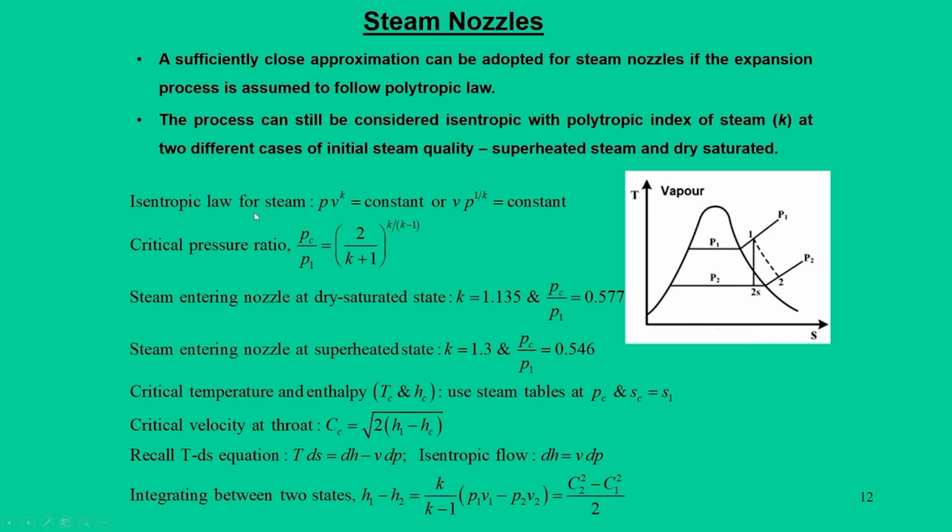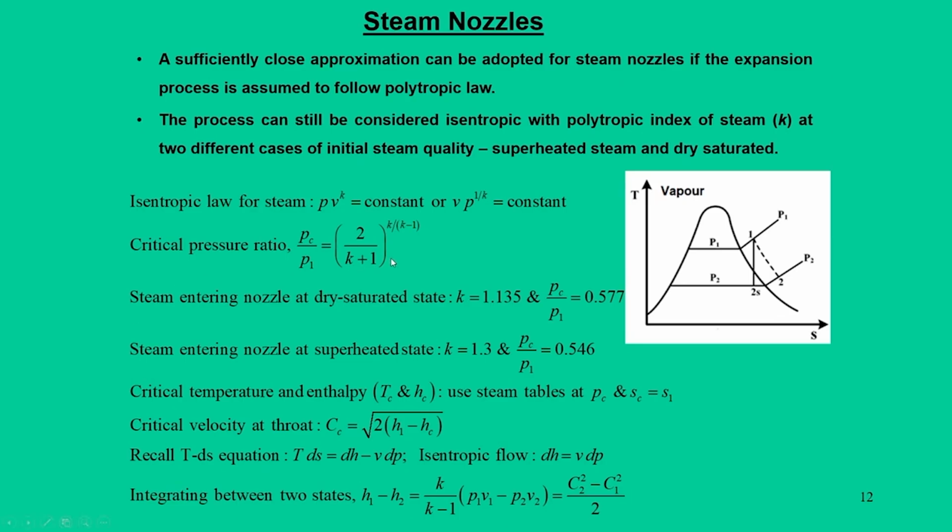For example, when you use isentropic flow for gases, we use Pv to the power gamma equal to constant, but for steam, gamma is replaced by a parameter k, the polytropic index for steam. The rest of the theory remains as it is. By replacing gamma with k, we can have good estimates for the critical pressure ratio, the critical velocity at the throat and all other cases.